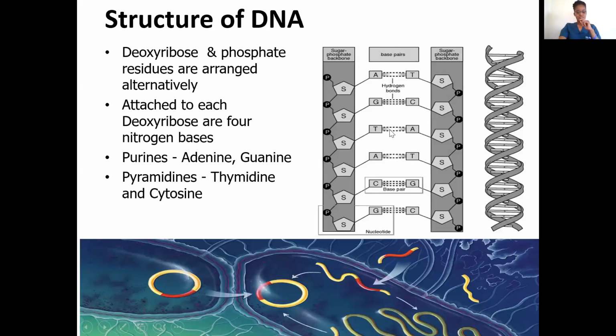And as I had mentioned, we have the purines and the pyrimidines. So the adenine is usually attached to the thymine with a double hydrogen bond, while the guanine attaches to the cytosine with a triple hydrogen bond. And this is the structure that forms now the helical structure on the right here.